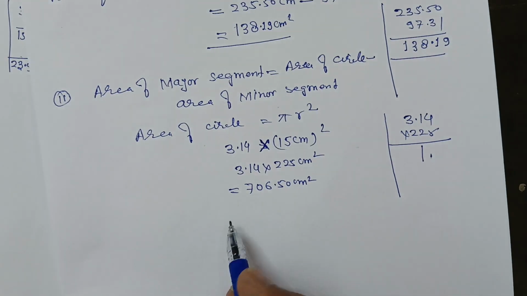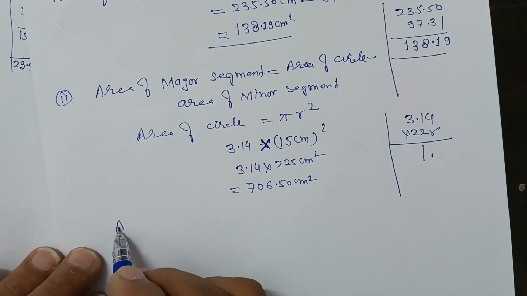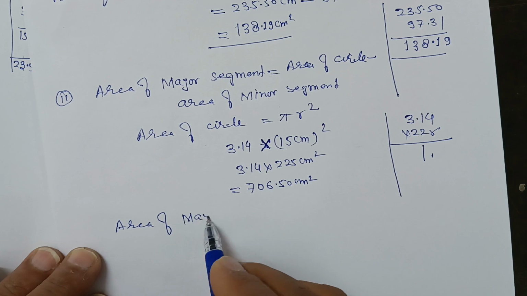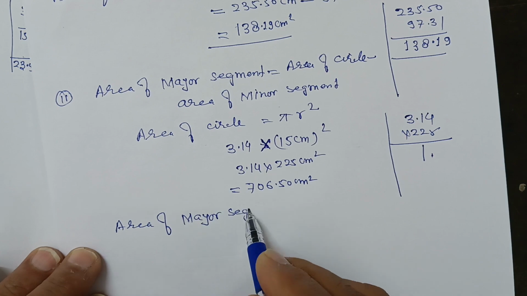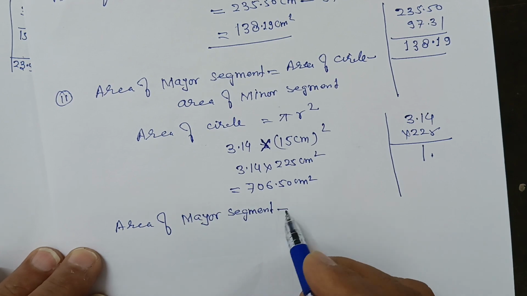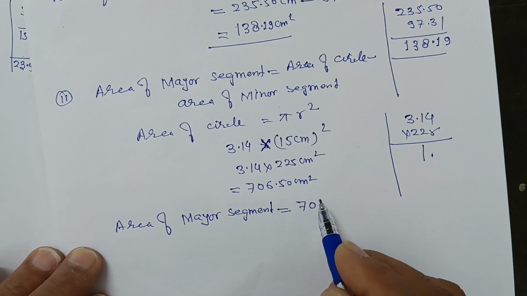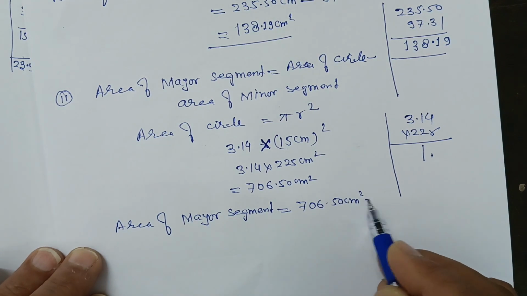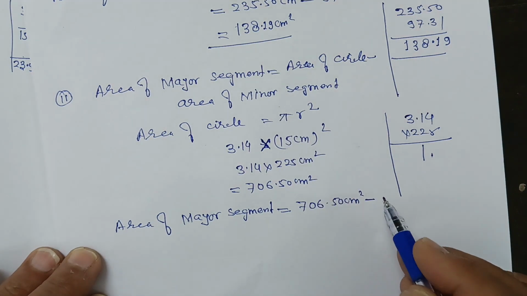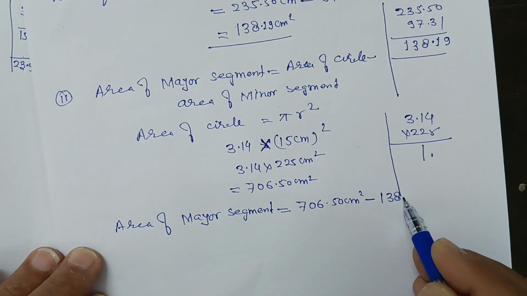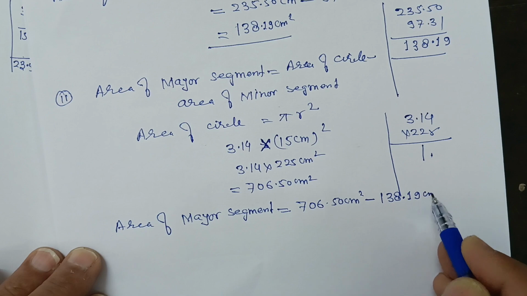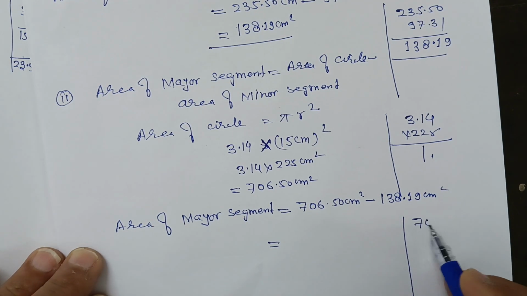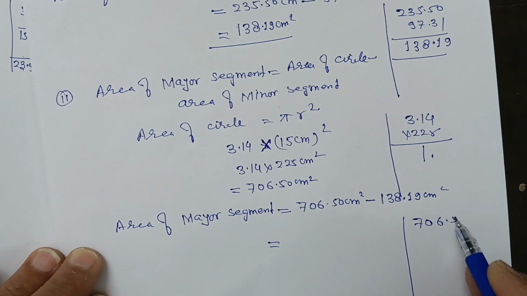Dear friends, now the area of the major segment will become the area of the circle, 706.50 centimeter square, minus the area of the minor segment, which is 138.19 centimeter square.